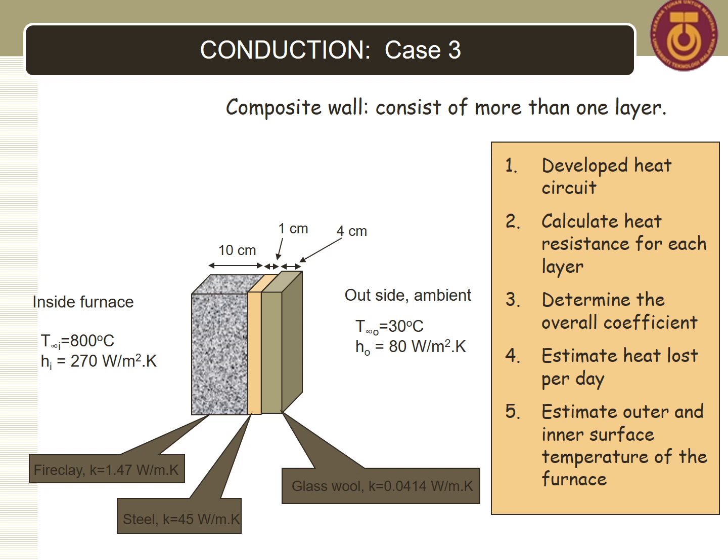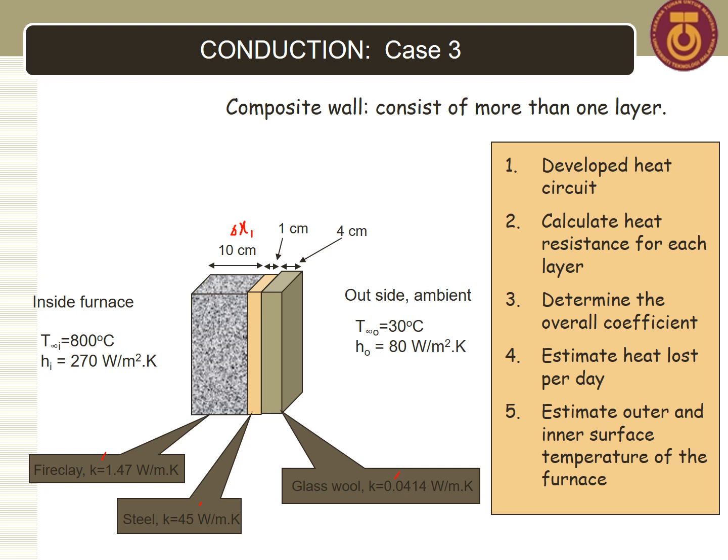Each layer has a different thickness and is made of a different material, so with different K values and different delta X values. The temperatures given here are T infinity in and T infinity out.